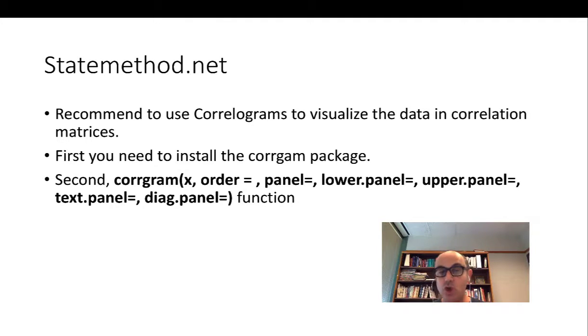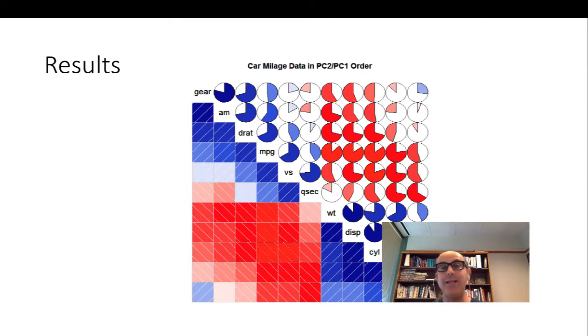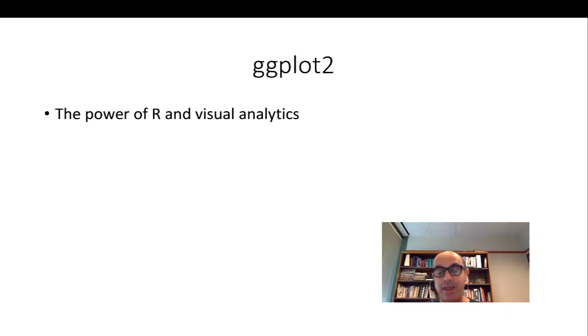So you need to install it, and then run it in order to get something like that. Again, this is the car mileage, and this is how to display that. Maybe it's not clear, maybe it can be better, but it is a visual analytics graph that will show you something and display something about that.